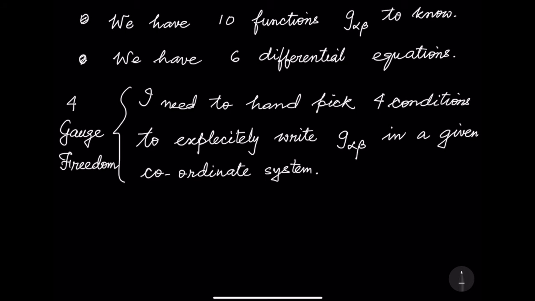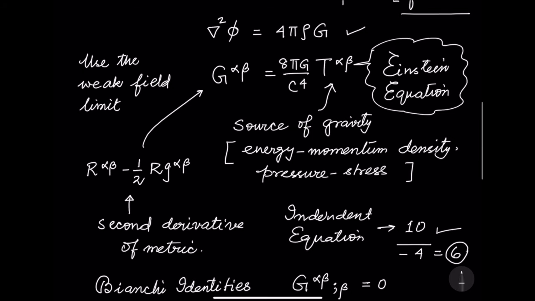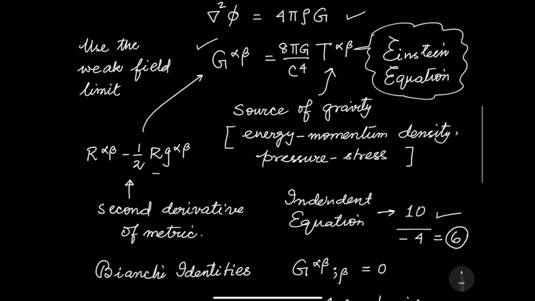Whatever coordinate choice you make, what will not change is the scalar curvature R. What will not change is the Einstein equation in this form. What will not change are the equations of the geodesics, which essentially means that I can choose a certain coordinate system for my convenience to write down these 10 functions we call the components of the metric, which is very convenient for me to work on and calculate different things.